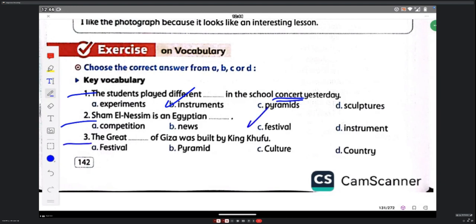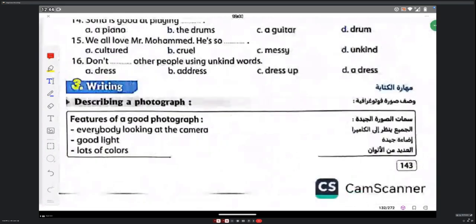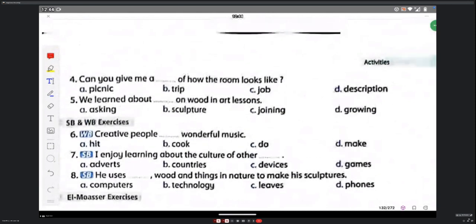The Great Pyramid of Giza was built by King Khufu. This is a lie. King Khufu didn't build the Great Pyramid. People built the Great Pyramid.